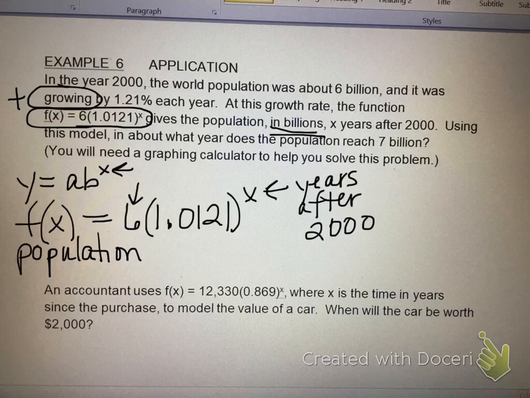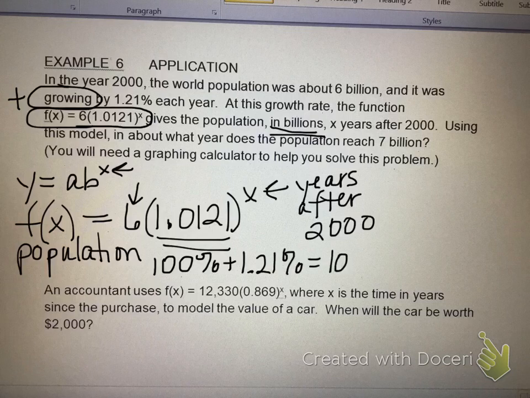This 6 is the original population count in the year 2000, 6 billion. Instead of writing 6 with a bunch of zeros after it, they just wrote the number 6 and explained to you that that means 6 billion. Now this number, where did this number come from? Because it's population growth, they took 100% and they added 1.21% to it.